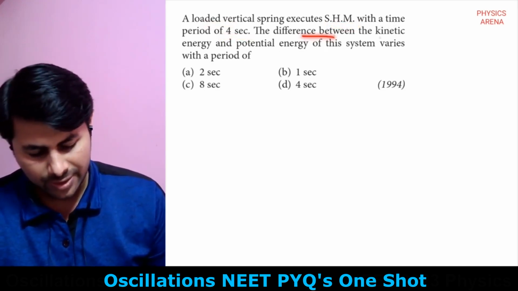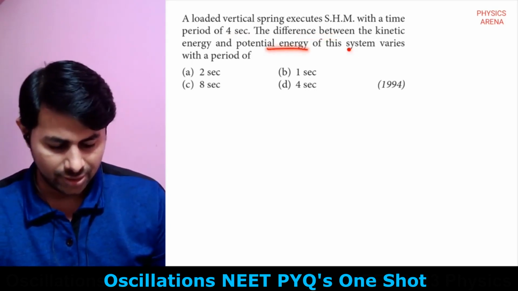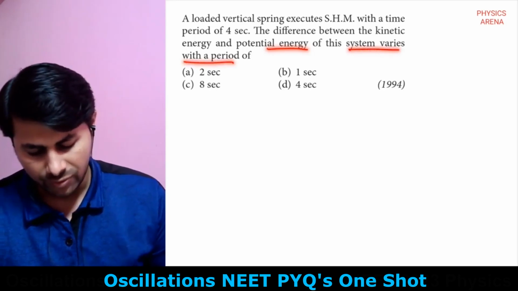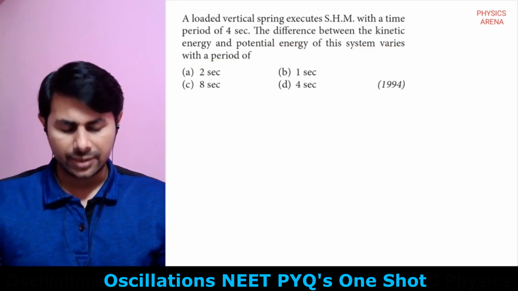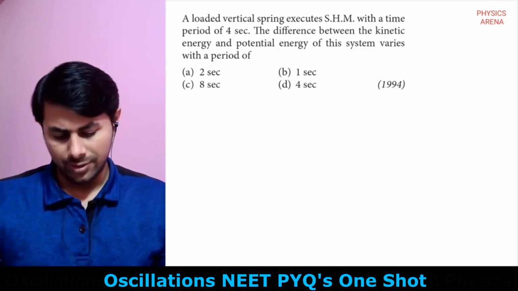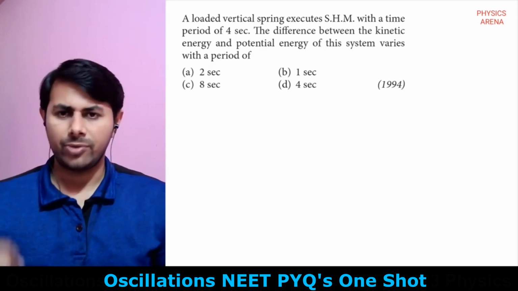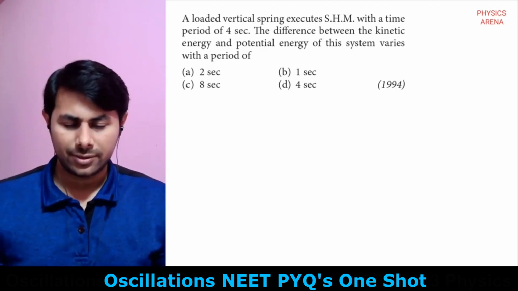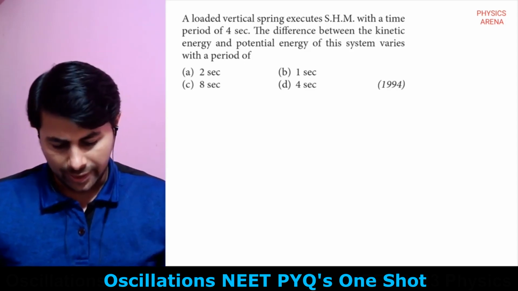A loaded vertical spring executes simple harmonic motion with a time period of 4 seconds. The difference between the kinetic energy and potential energy of the system varies with a period of 2 seconds, 1 second, 8 seconds, or 4 seconds. See, it is performing simple harmonic motion.